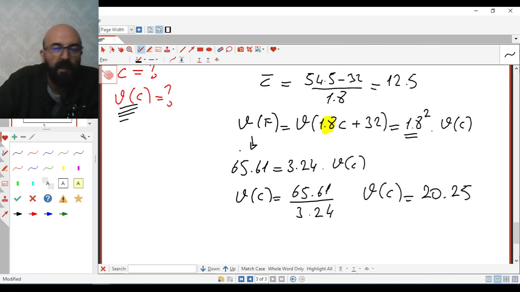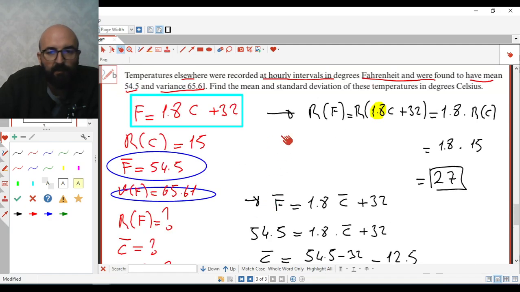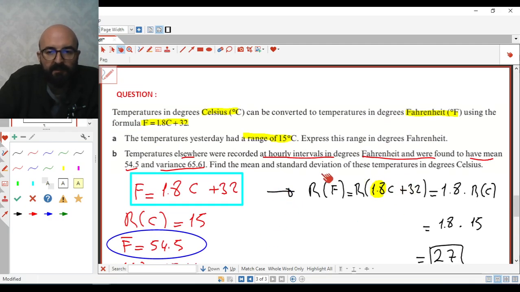And the variance of C means 20.25, and they want us to find the standard deviation of Celsius.